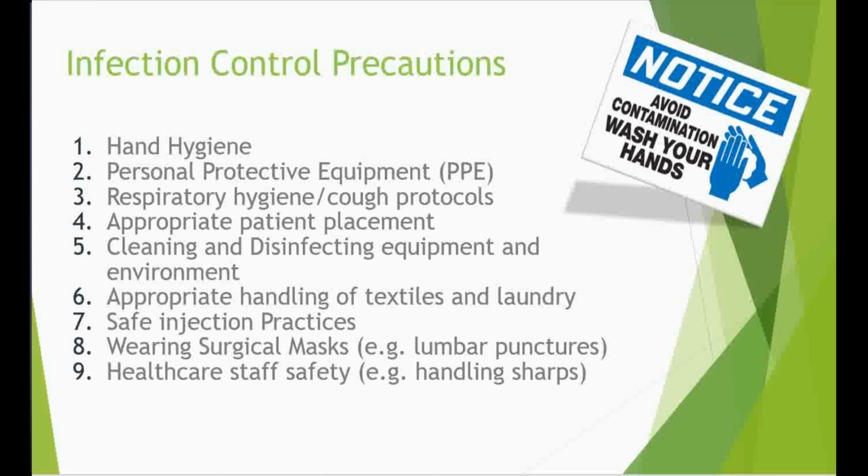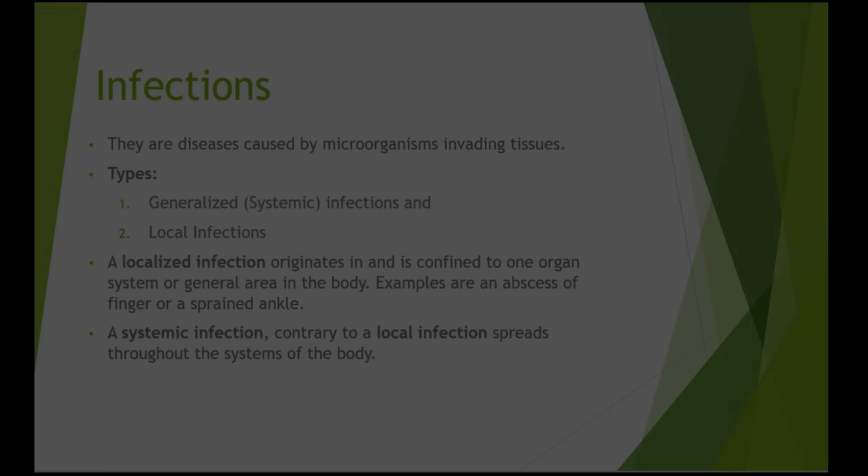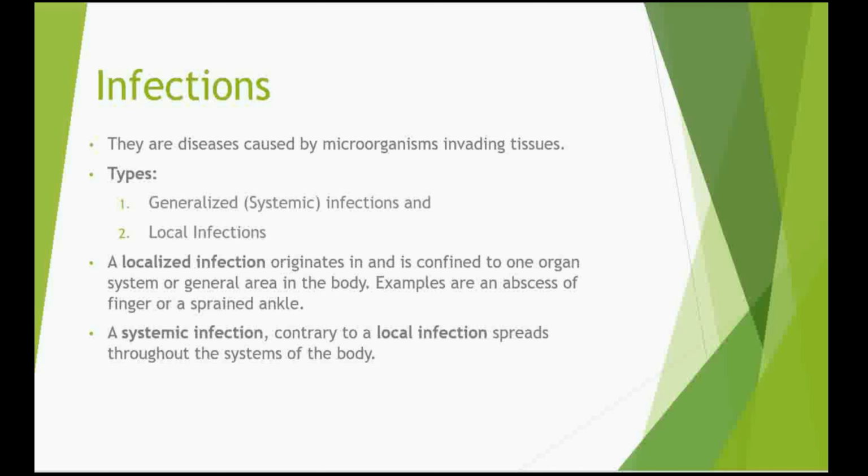Also, an important concept to keep in mind is that there are two main types of infections from the perspective of healthcare. There are generalized infections, also called systemic infections, and then there are localized infections. So let's see the difference in this slide. As we said, infections are diseases caused by microorganisms invading tissues. And we have these two types, the generalized and the local infections.